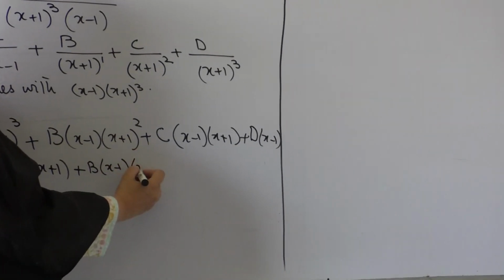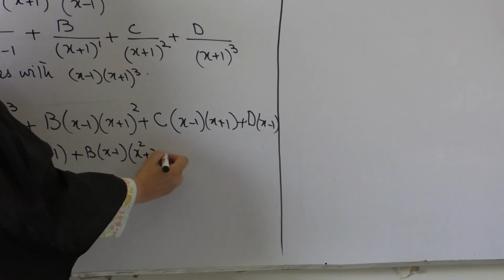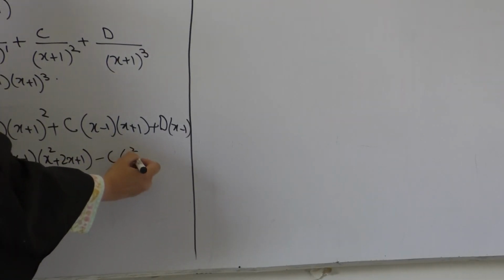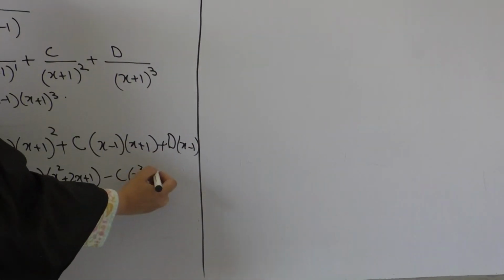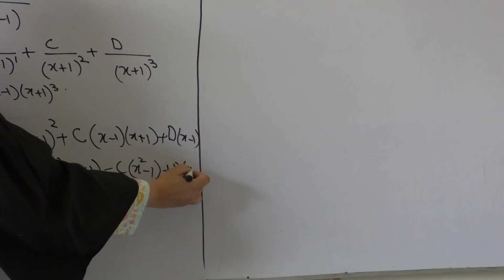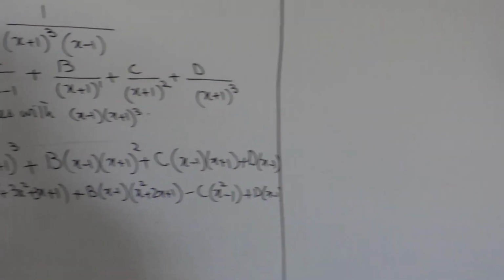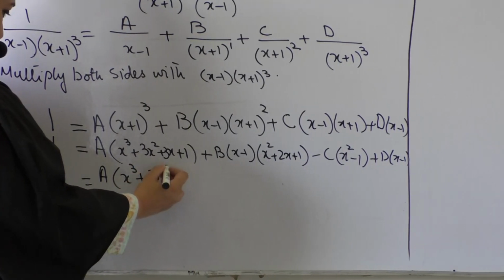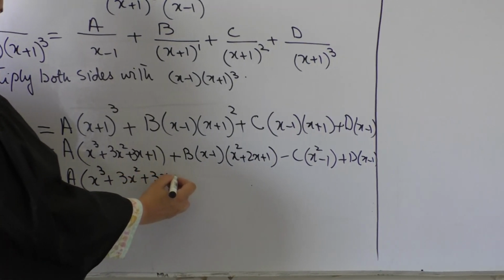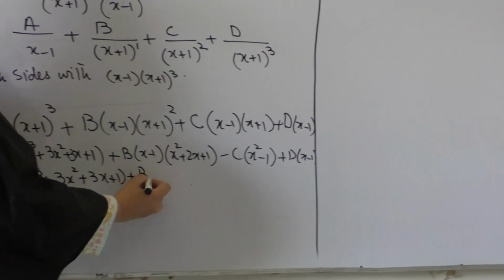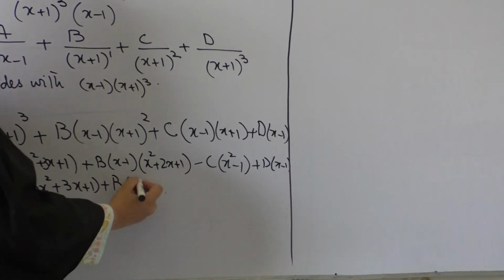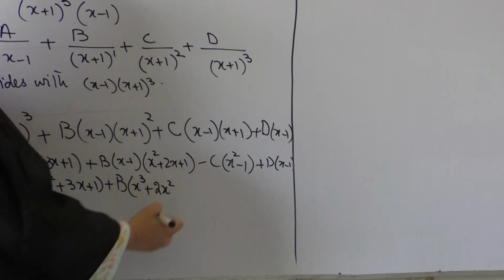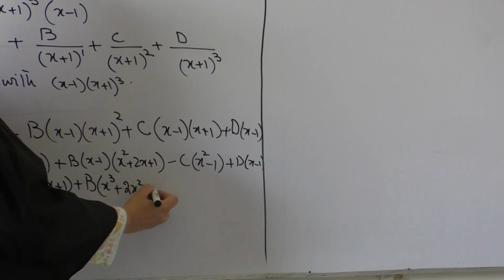In the second, we will apply formula of square plus c, x square minus 1 using this formula, above formula, plus d of x minus 1. x cube plus 3x square plus 3x plus 1 plus b x cube plus 2x square plus.